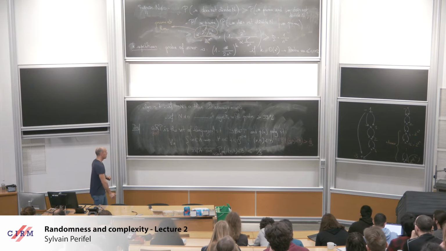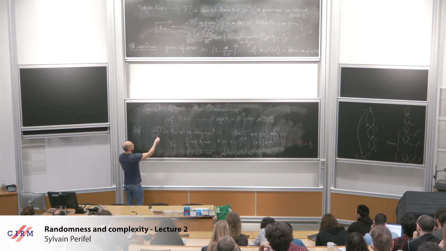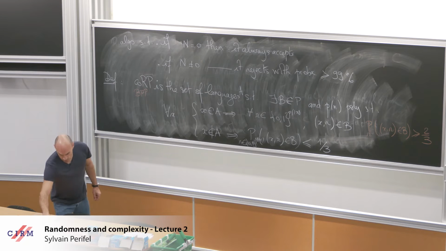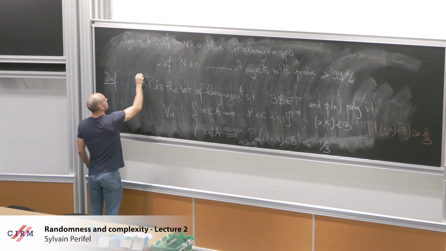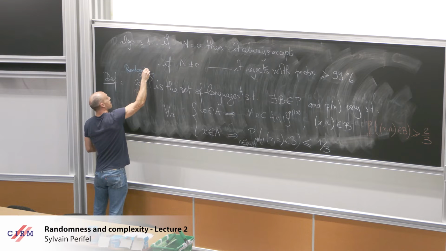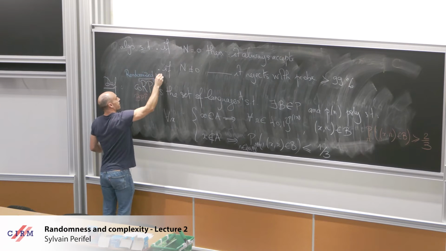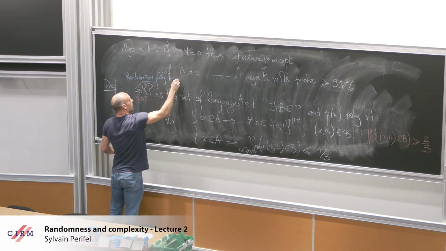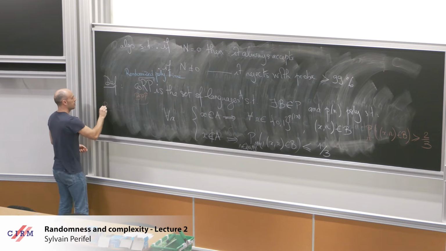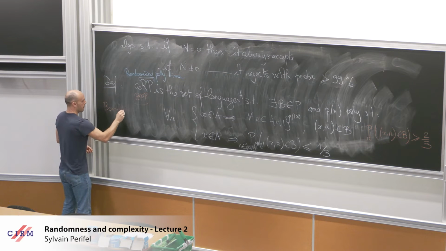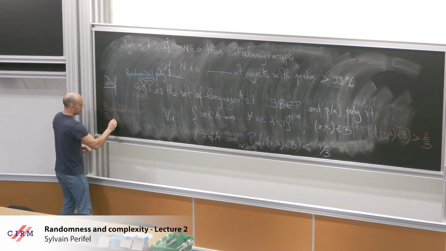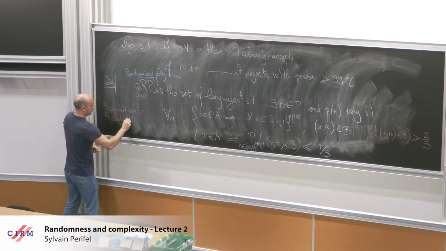Okay. So RP stands for randomized polynomial time, whereas BPP stands for bounded error probabilistic polynomial time.